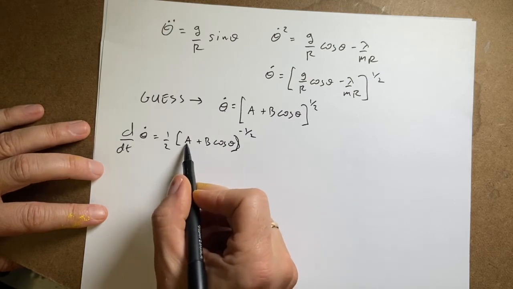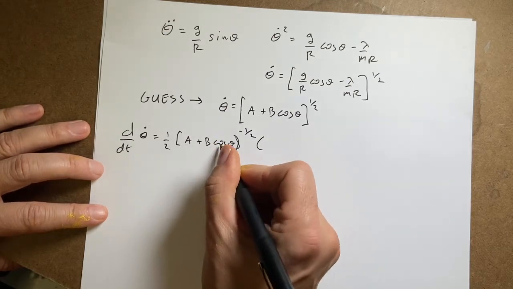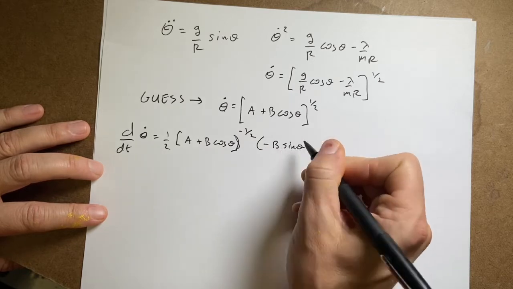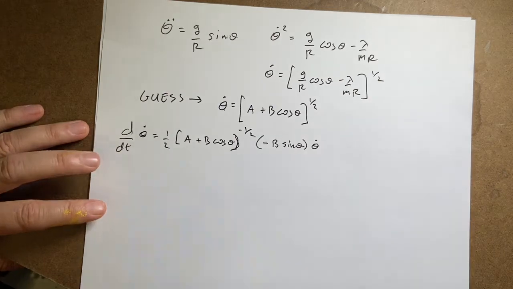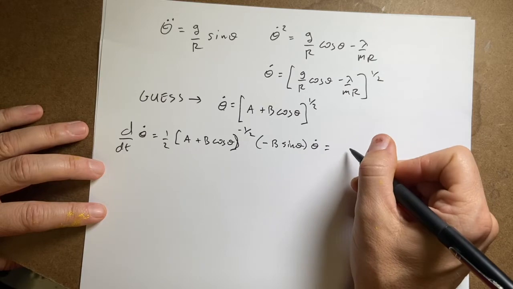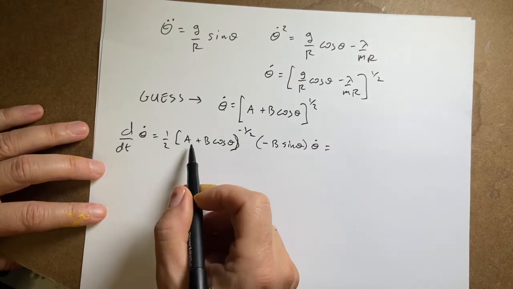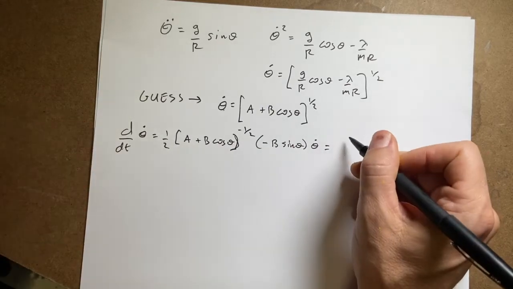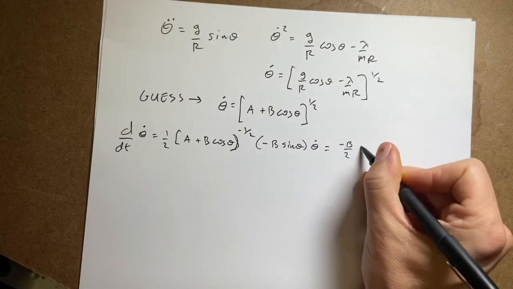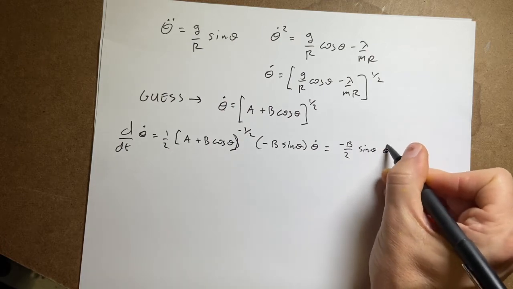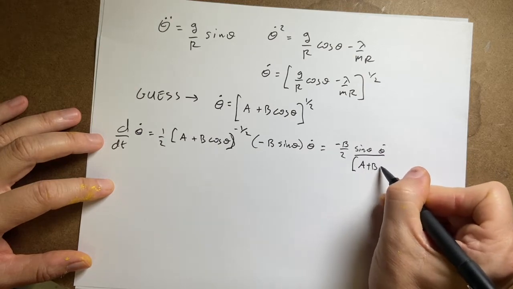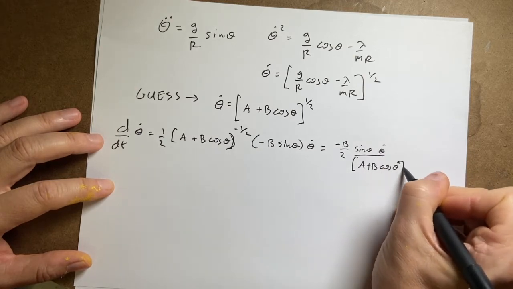The derivative of a is 0, and the derivative of b cosine theta is negative b sine theta times theta dot. So this is going to be equal to, I'm going to put this on the bottom, negative b over 2 sine theta, theta dot, over a plus b cosine theta to the 1/2.